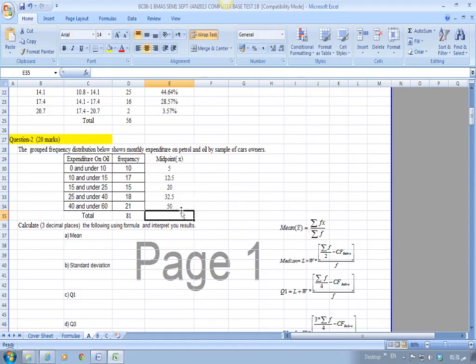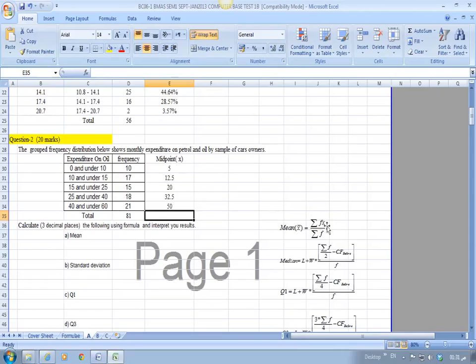These are the midpoints. 5 is between 0 and 10, 12.5 is between 10 and 15, 20 is exactly in between 15 and 25, 32.5 is between 25 and 40, 50 is in the middle of 40 and 60. So these are the midpoints.